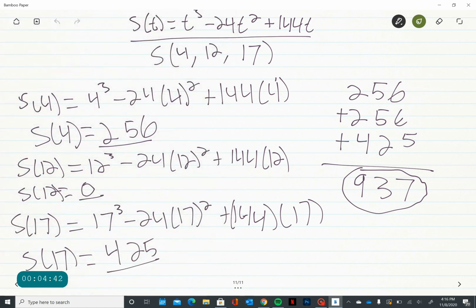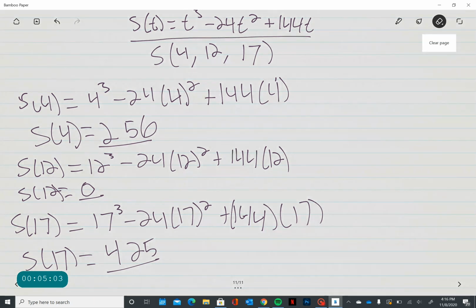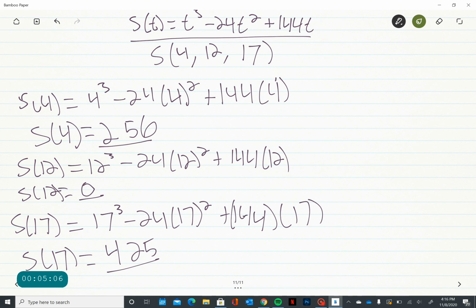So we can see that the particle is moving forward from 0 to 4 seconds. It moves in the positive direction 256 centimeters.